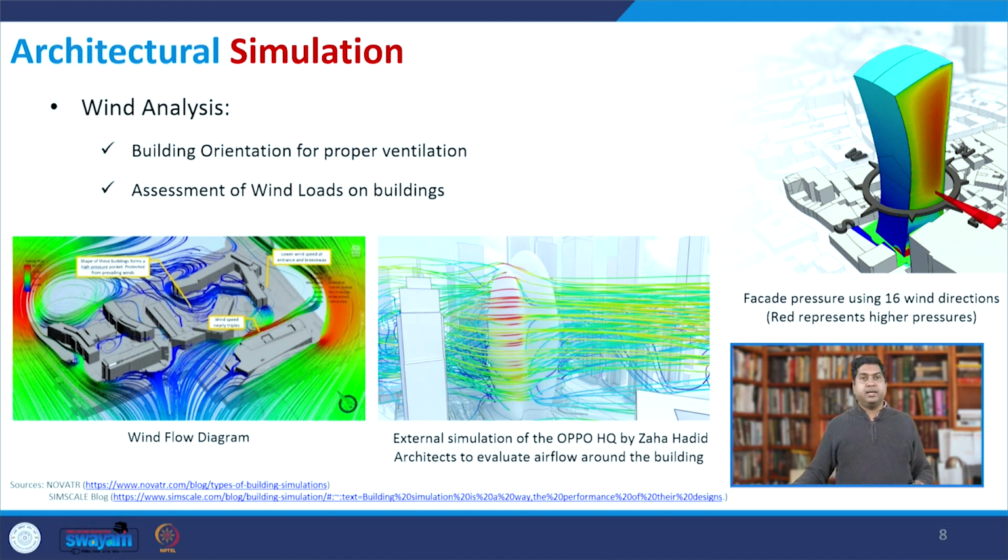In these cases, through the software we test different wind directions, the prevailing wind direction, or maybe in case of a storm, where it is expected that there will be a wind blow at a certain kilometer per hour. So what will be the reaction of the building? It will also depend on the shape and size of the building. As I already mentioned, for high rise buildings it is very important.